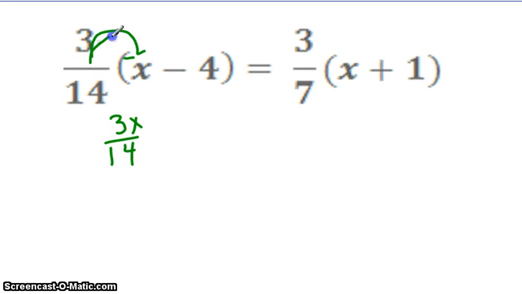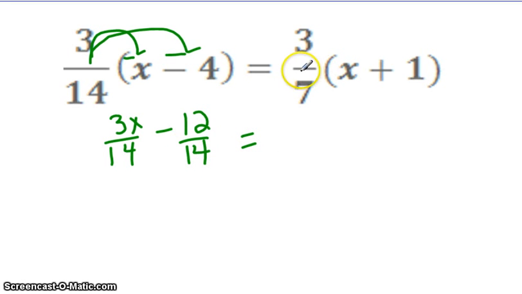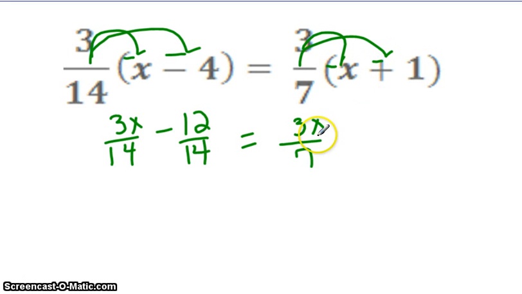I'm going to multiply 3/14 times a negative 4, and I'm going to get a negative 12 over 14. And that's going to equal, I'm going to multiply 3/7 times x, and that's going to give me 3x over 7. And I'm going to multiply 3/7 times 1, and I'm going to get plus 3 over 7.